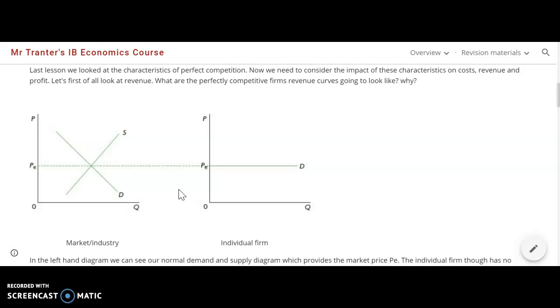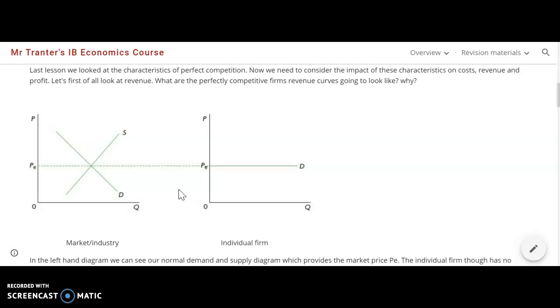Therefore, it doesn't matter how much that firm produces, what its quantity is, it can charge the same price. So its demand curve is perfectly elastic. And the demand curve is equal to both the AR curve and the MR curve. So demand is equal to AR, average revenue, which is equal to MR, marginal revenue.